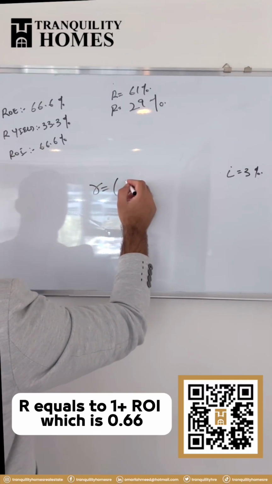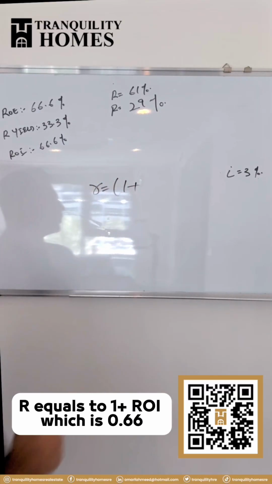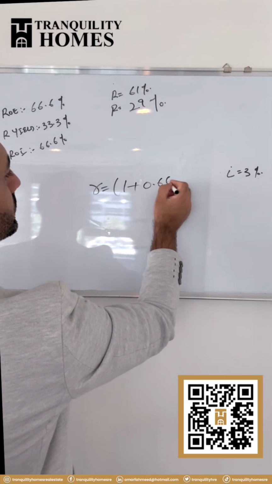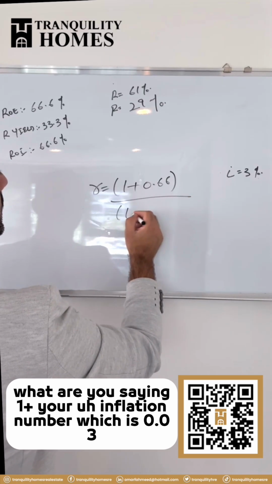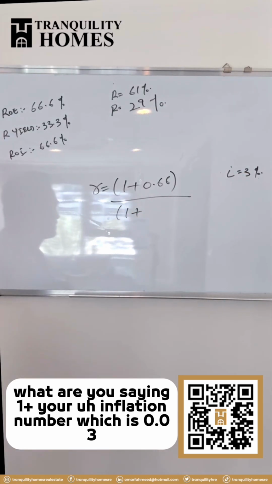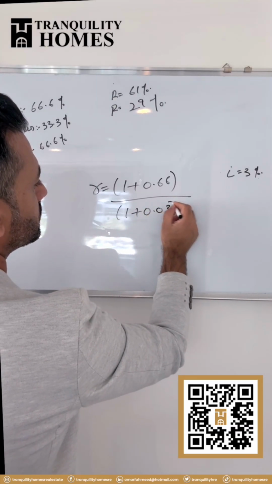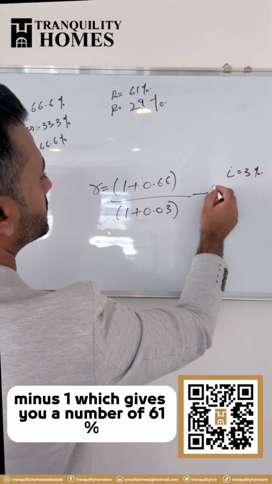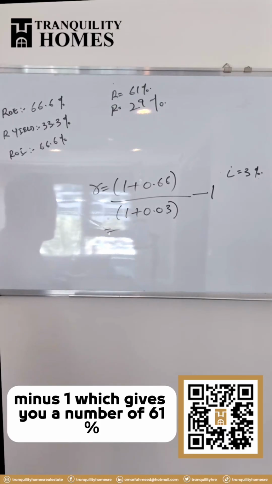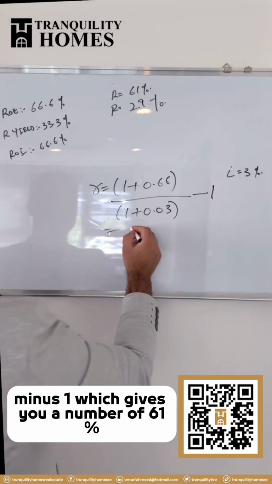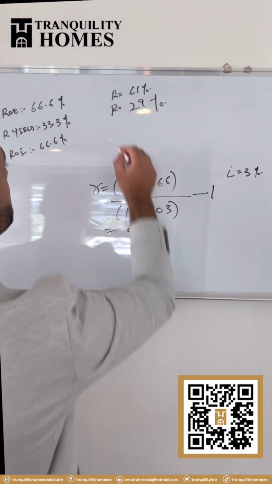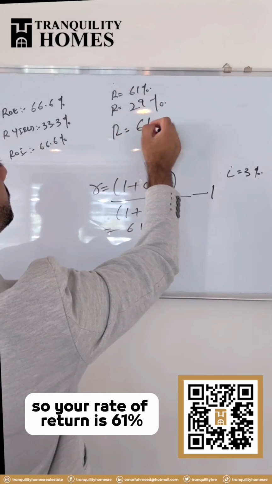R equals 1 plus ROI, which is 0.66, divided by the same 1 plus your inflation number, which is 0.03, minus 1, which gives you a number of 61%.